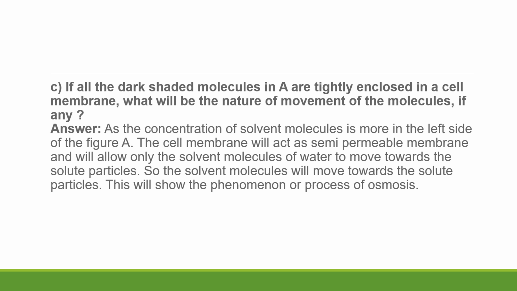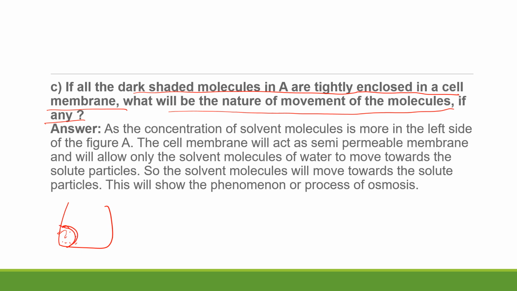Now here, if all the dark shaded molecules in A are tightly enclosed in a cell membrane, what will be the nature of movement, if any? So if in a beaker all the dyes which you are putting in are packed in a cell membrane, how will they mix in water, and what will be the movement of molecules?